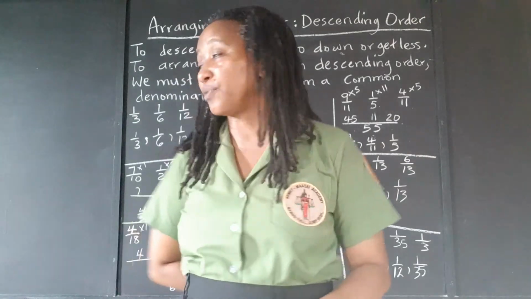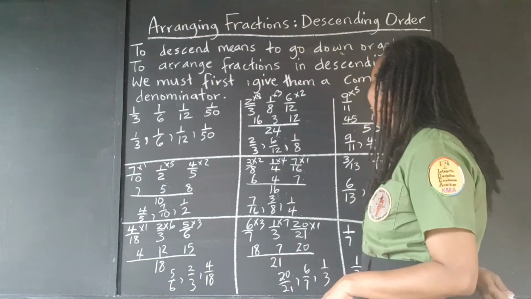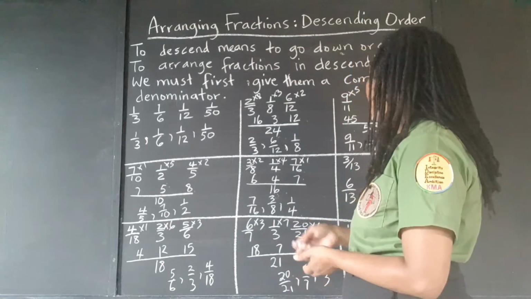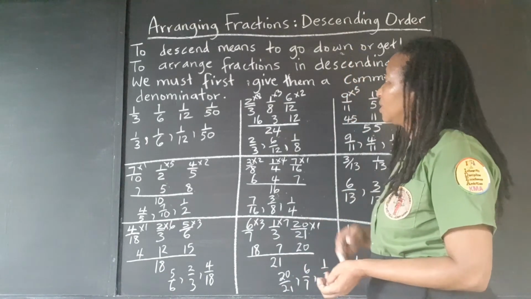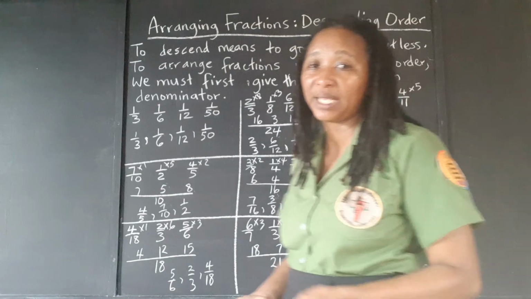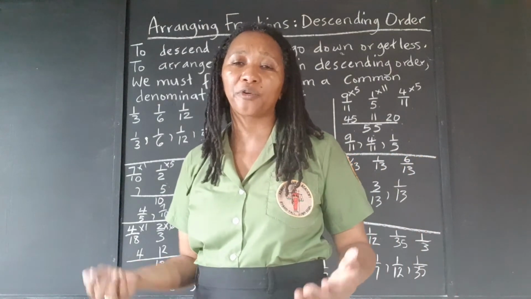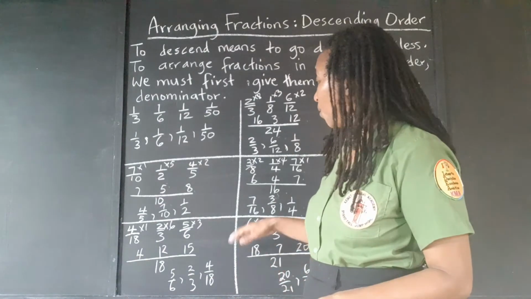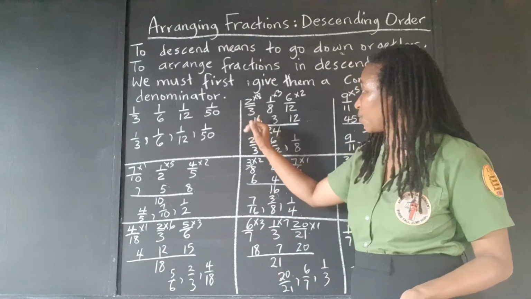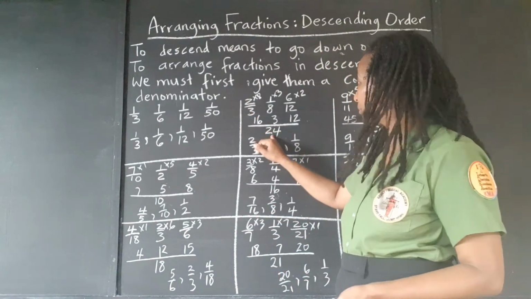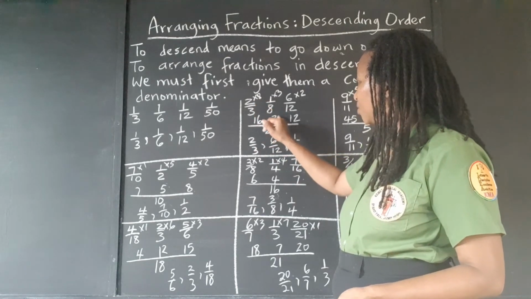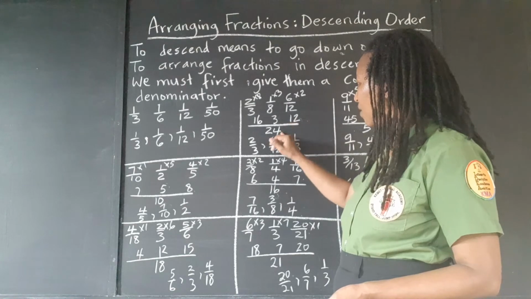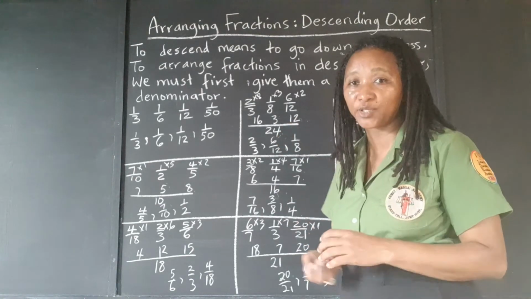So to recap, to descend means to go down or to get less. To arrange fractions in descending order, we must first give them a common denominator. So what we're really doing, we're creating equivalent fractions, right? So we're saying, 2/3 is equivalent to 16/24. 1/8 is equivalent to 3/24. 6/12 is equivalent to 12/24, and so on.